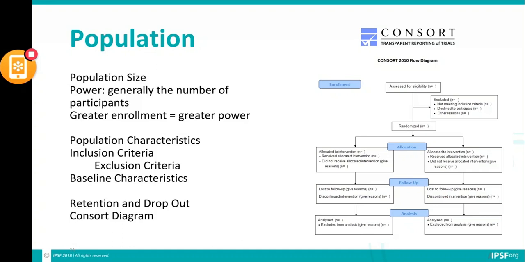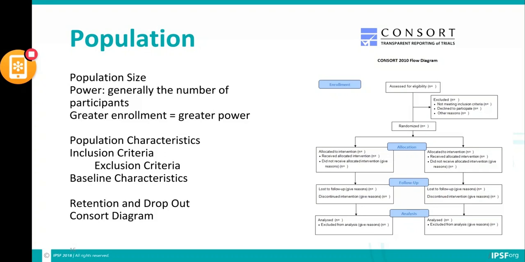If you have too small of a population size, it might seem like there's a great effect of a medication, but really it just wasn't tested in enough people. So that'll come into play a little bit once we get into some of the analysis strategies, but population size is very important to clinical trials and for investigators. And that's often a calculation that's done before even enrolling anybody.